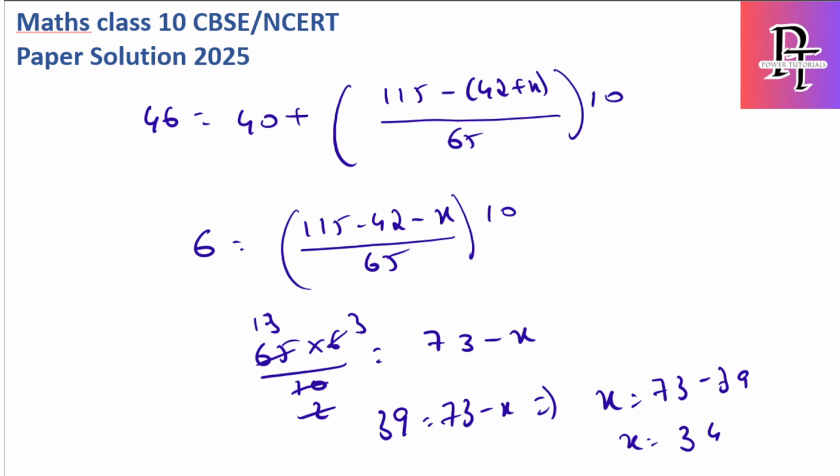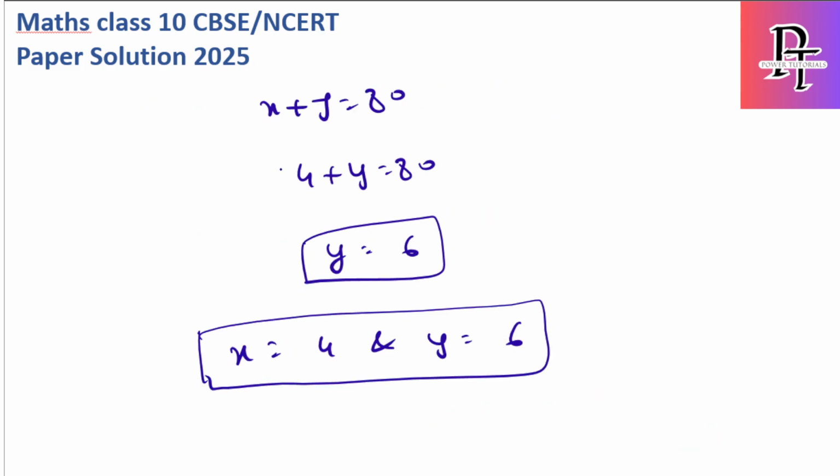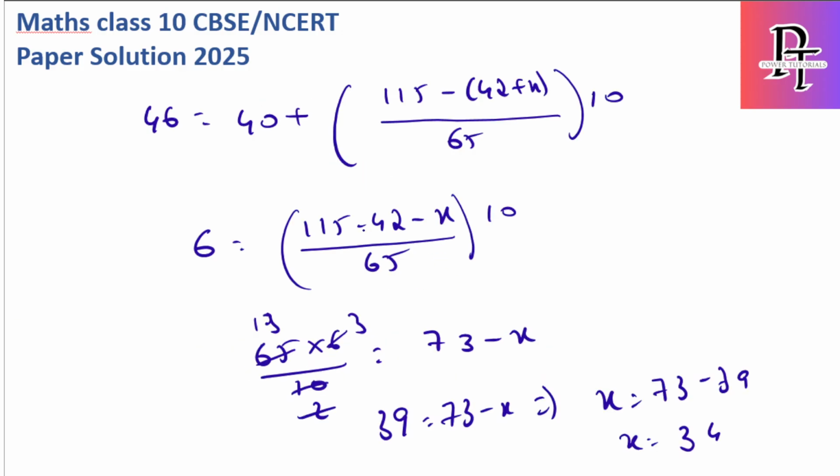So if x is 34, the y value is 46. Okay, so that's fine. If you have such an error, just correct it here itself. 115 minus 42: 11 minus 4 is 7, not 8.